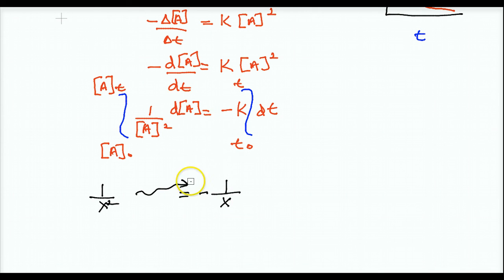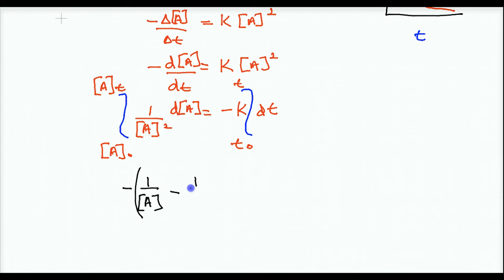Knowing that rule of integrals, and again, there's a proof for every rule, I don't remember all of them, obviously. What I get is negative 1 over A, going from t to 0, minus 1 over the concentration of A at 0, which equals negative k, for the same reason, t.